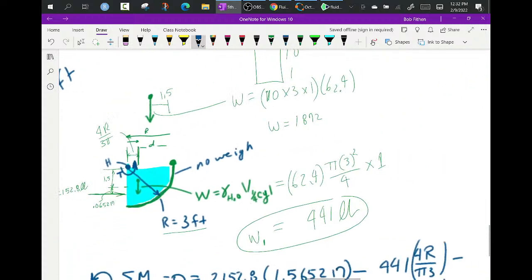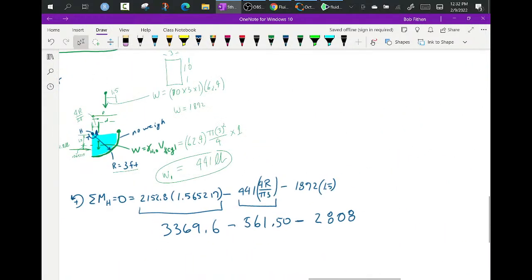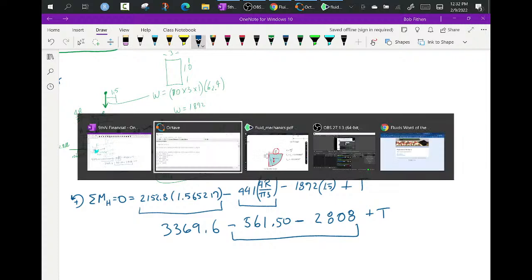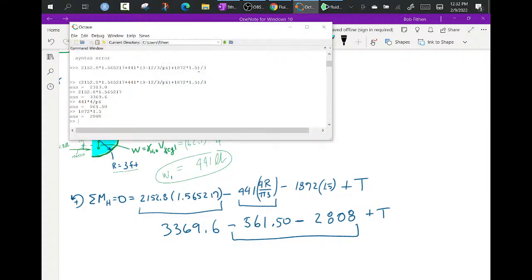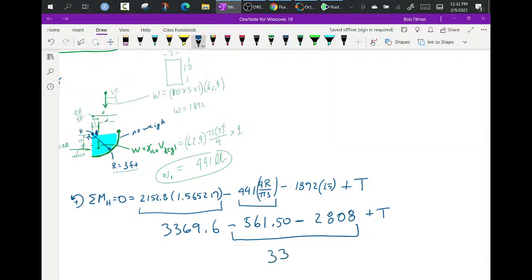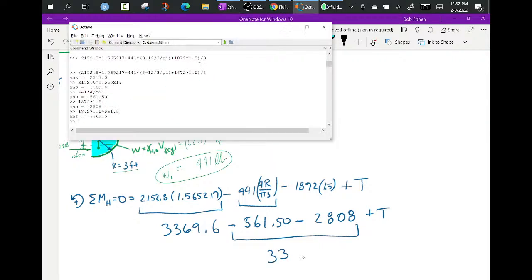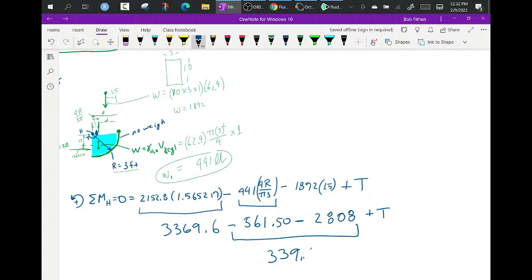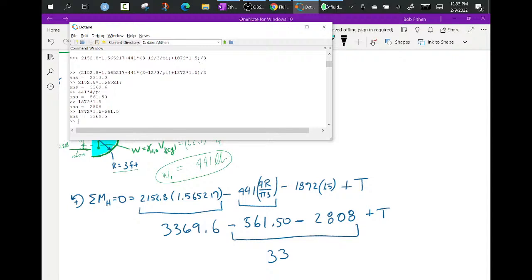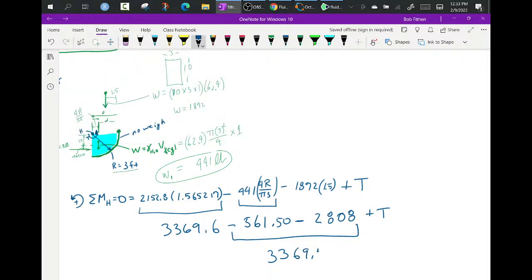So let's say I put in this torque. So in other words, I really need to put in that torque as well. So let's add these two numbers and see approximately what we get. Plus 561.5, and I get, okay, hang on, 3369.5.